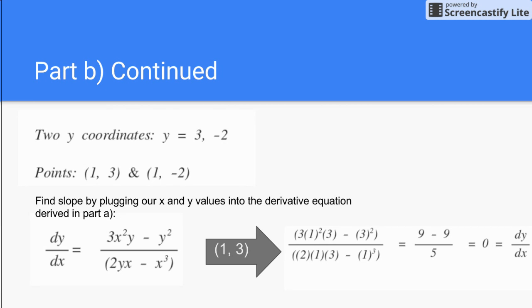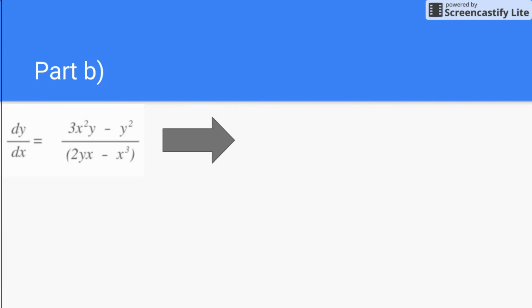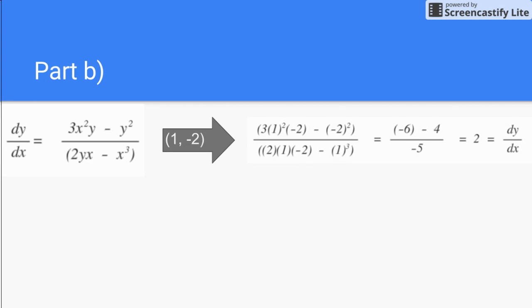So that is your derivative for the point (1, 3). Then you do the same thing for your second point, (1, -2). Plug those in and solve, and you'll get 2 as your slope.